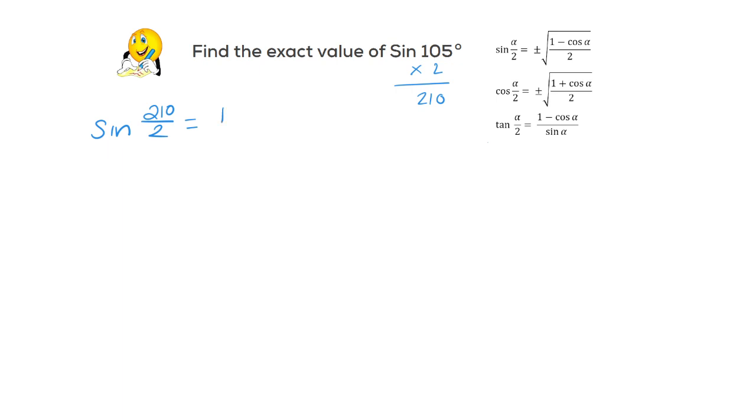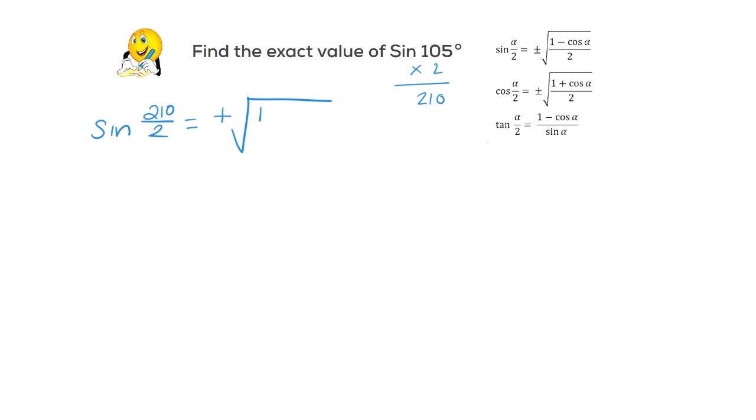I like to go ahead and put a plus sign here to indicate I made a conscious decision to make this positive. It's not that I just forgot that plus or minus there. I made a conscious decision. If you were using the 210, I'm going to see that you put a negative there, and I'm going to know exactly what you were thinking. So I like that plus sign, so I know that you knew you're using 105.